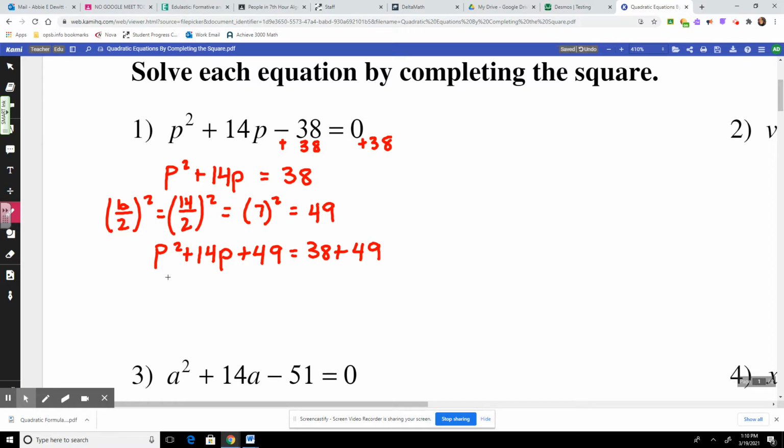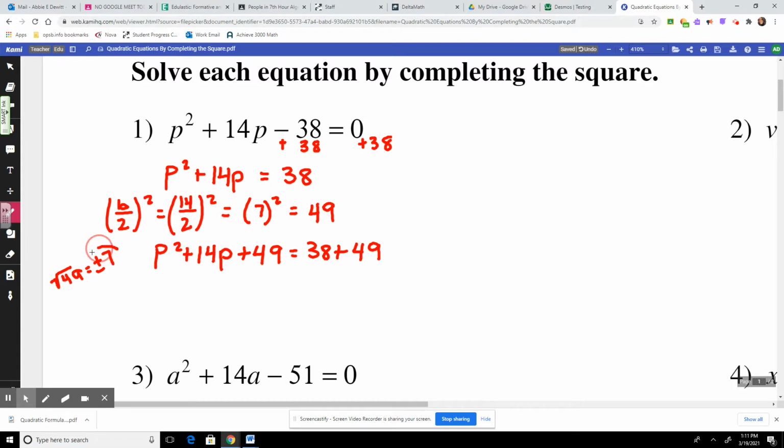Okay, now I'm going to find the perfect square binomial for p² + 14p + 49. I know the square root of 49 is positive or negative 7. So I need to add to get positive 14.